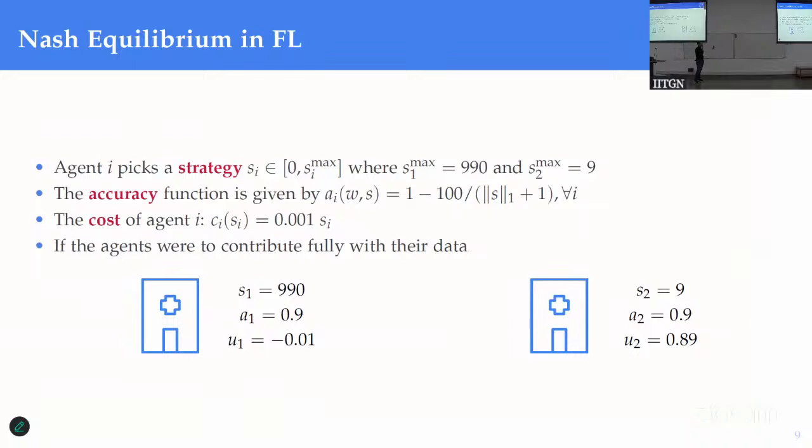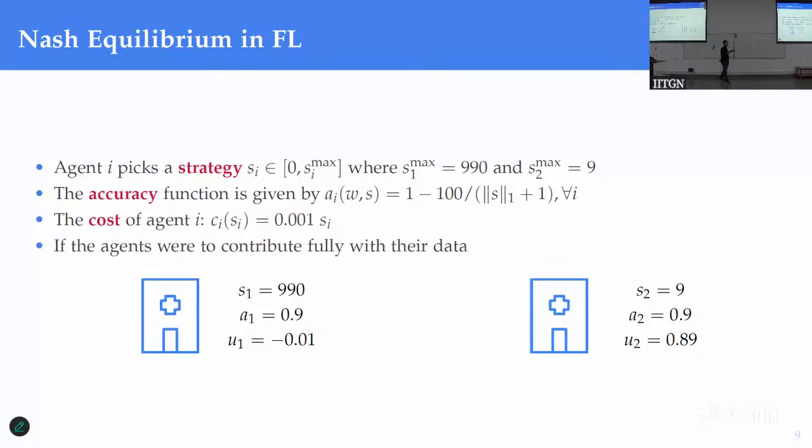For this example, it's not the right way of modeling data duplication. But what we are saying is that if I duplicate data, it is not increasing my cost, and it is also not improving my accuracy.